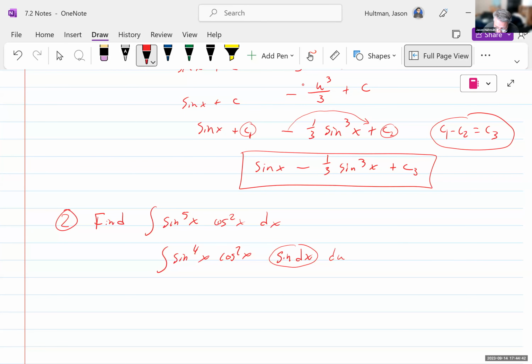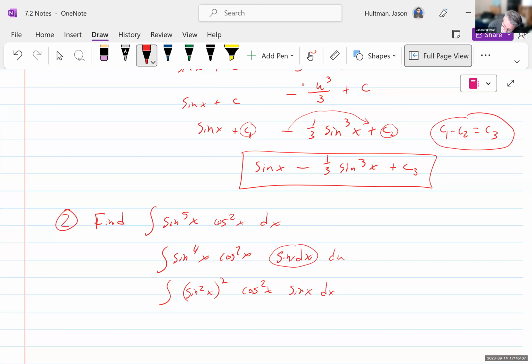Which means my u needs to be in terms of cosine. And so how can I turn this sine to the 4th into cosines? Well, I'm going to be a little sneaky. I'm going to call this sine squared x, all squared, times cosine squared x, sine x dx.